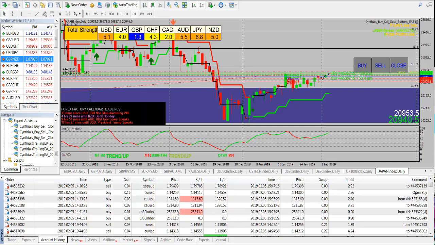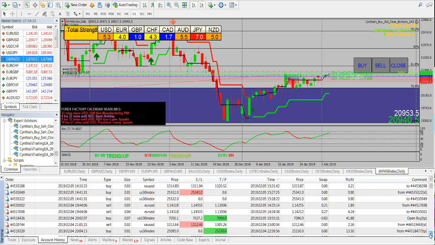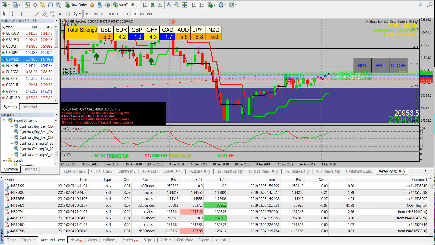I even played the US 30 index, that's the Dow 30. And here's the gold, a little bit I made on gold. And here's my UK 100. I was messing around with the trade manager, so the trailing stop never kicked in, but it hit my profit, which was pretty nice.